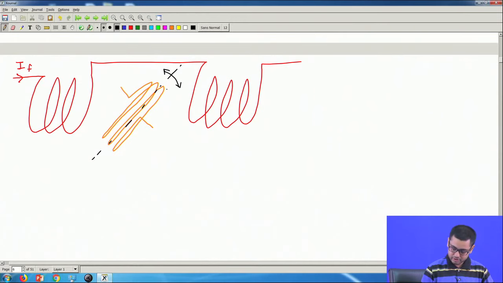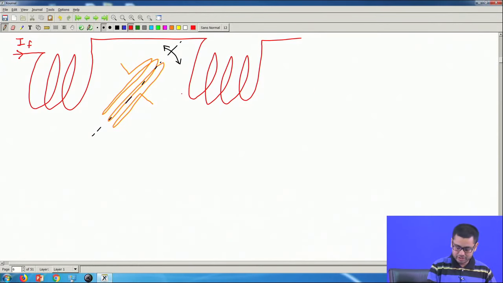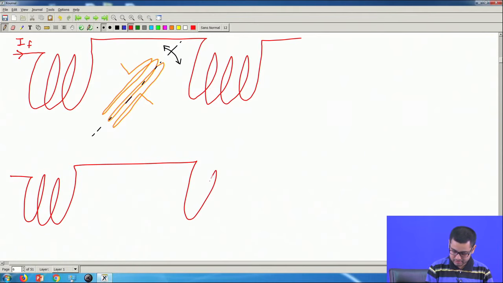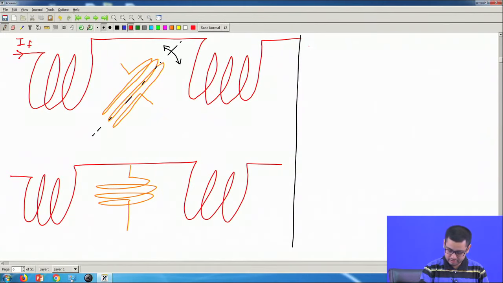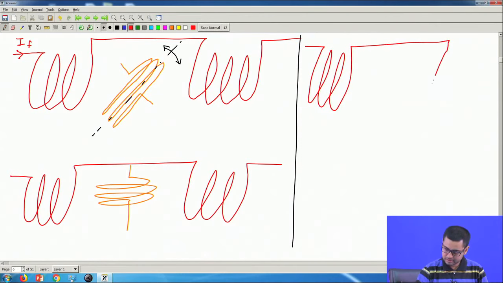Therefore, we can have different situations, like this is one situation, we can have another situation where the middle coil or the moving coil is like this, or we can have another situation where the moving coil is like this.